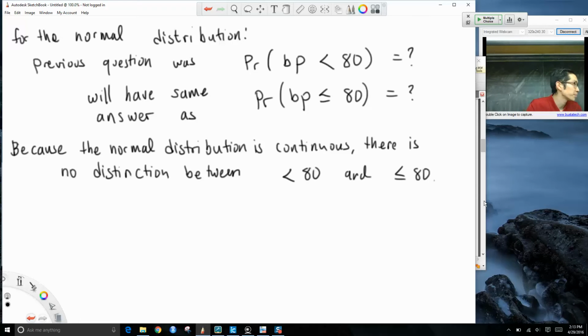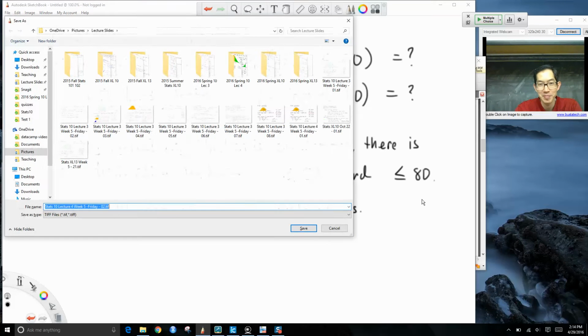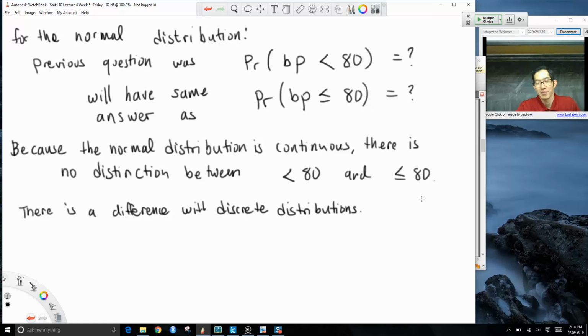Whereas with discrete distributions, there is a difference. Okay.